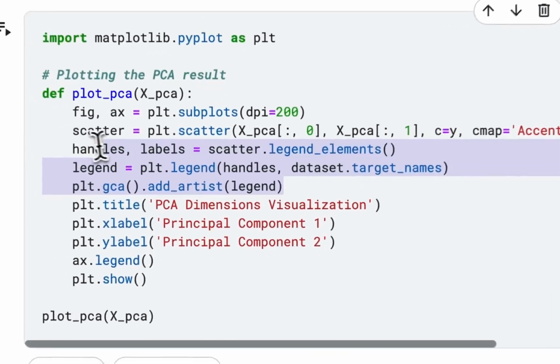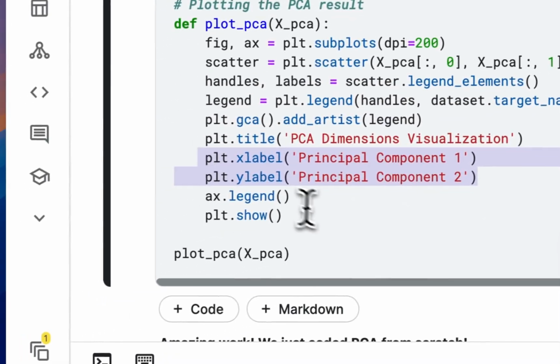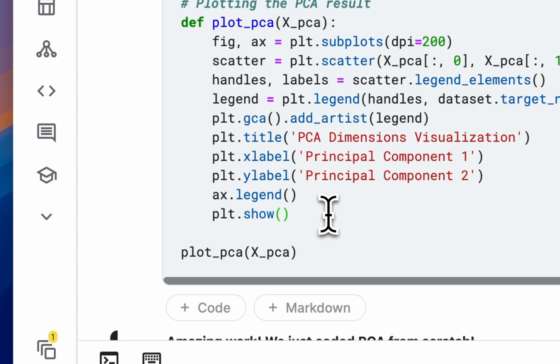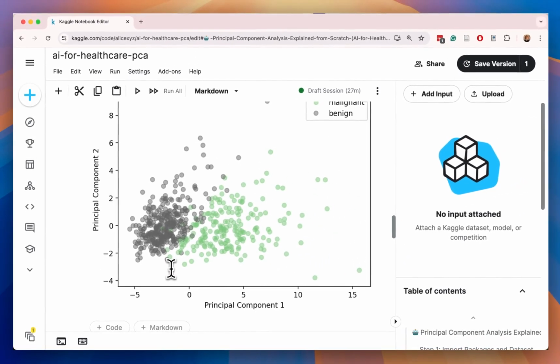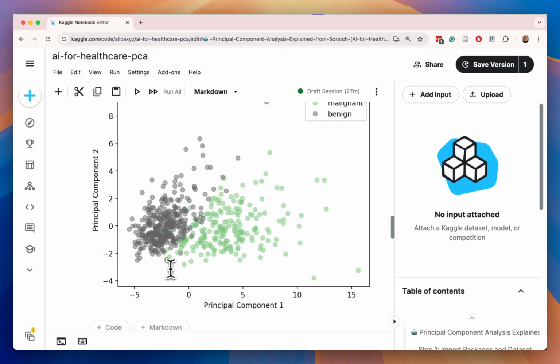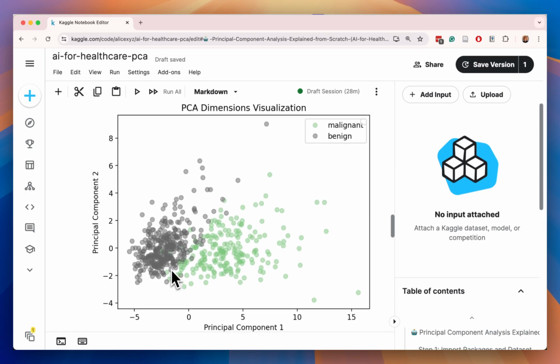And then I'm just adding a little legend, some titles, and showing it. And when we do, we can now see that we're just reducing this 30-dimension data set into a 2-dimensional data set. And already here, we can kind of see two groups of data. 0, which seems to be the malignant one, and 1 being the benign one.